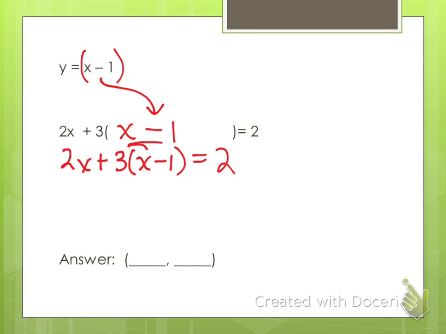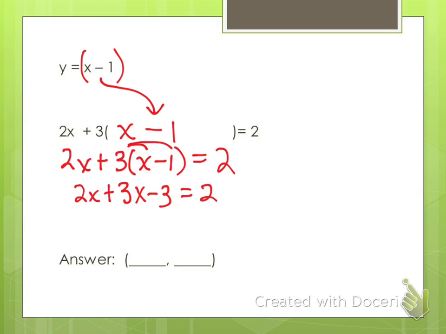So we have to distribute or multiply that 3 into those parentheses. So the 2x out in front is going to stay 2x. Plus 3 times x is 3x. 3 times negative 1 is negative 3. That's equal to 2.